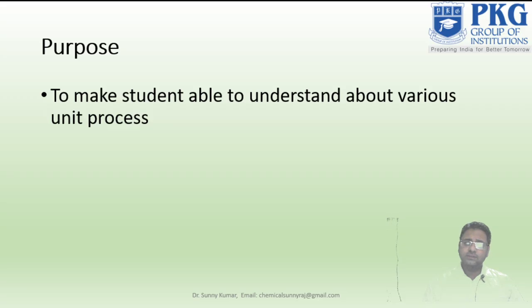These are some examples which we will read in this subject, and our main goal for a student is to understand the different processes used in chemical industries to produce different products. The student should be aware of this.